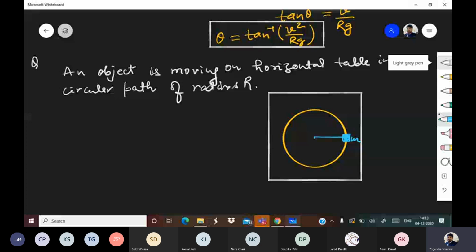This is center C. This is a string and the radius is r. Now with that string, another part is connected to an object of mass capital M.